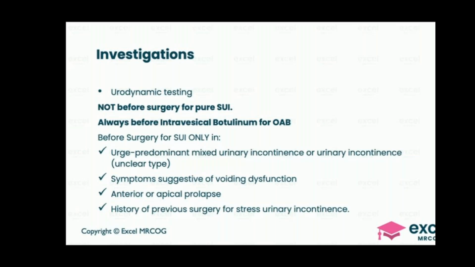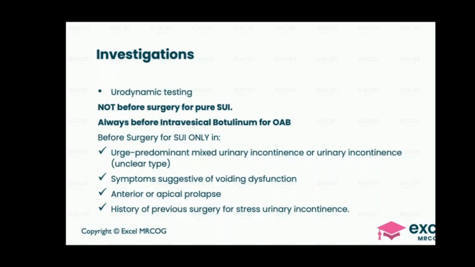So you need to be very sure whether it is actually SUI. And when there is a history of previous surgery for SUI, that means you have tried a surgery before for pure SUI and that has not worked, and this time she has come back with SUI, you need to do urodynamics to be very sure that it is indeed SUI.